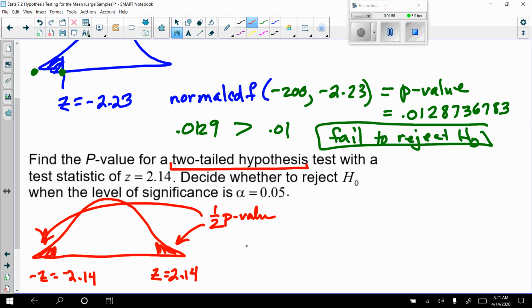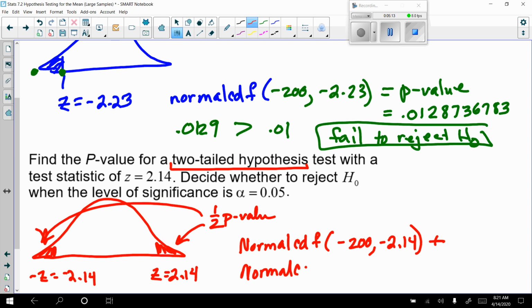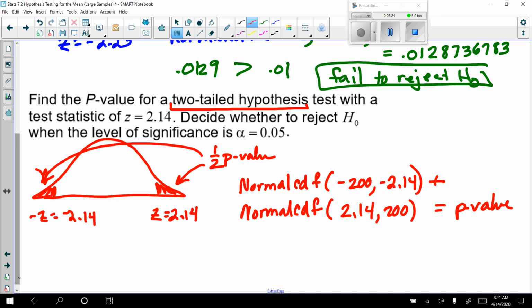And if we do normal CDF of negative 200 to negative 2.14 and add that to normal CDF of 2.14 to positive 200, that will give us our p-value. Now those values are going to be identical, so we could just multiply it by 2.